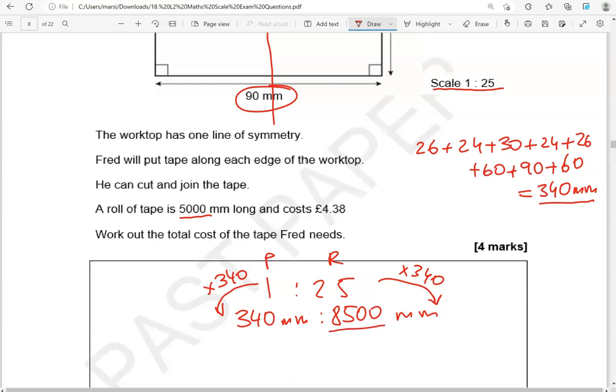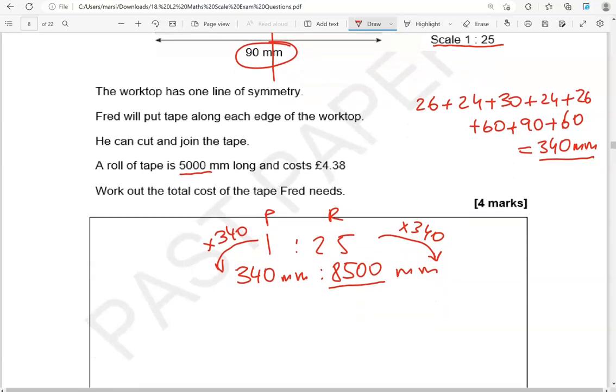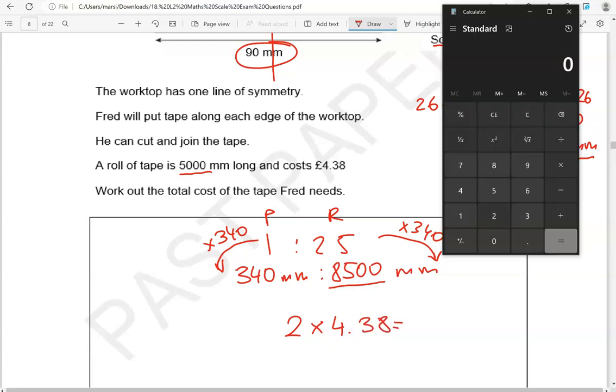So that means that one roll is not going to be enough. So he will need 2 rolls. So 2 rolls at £4.38 each gives us £8.76.